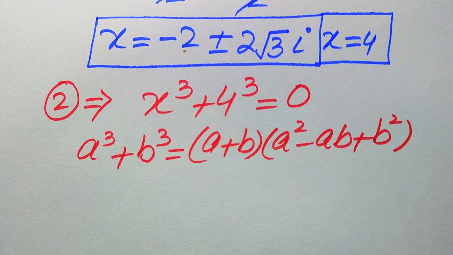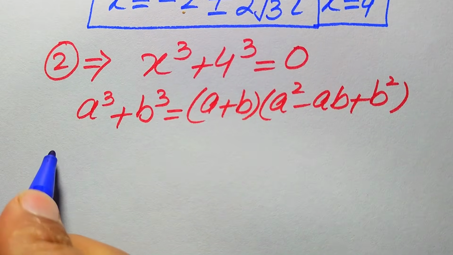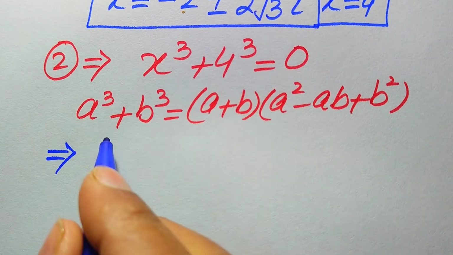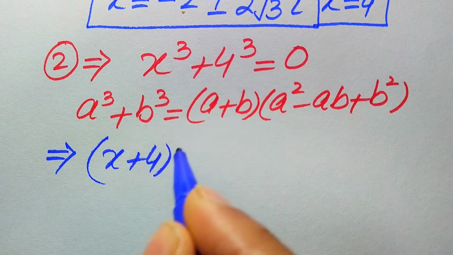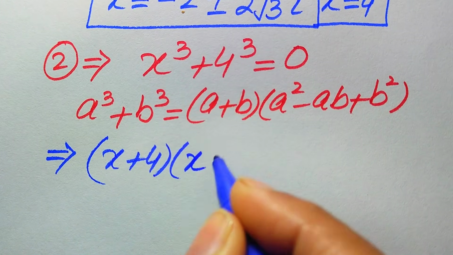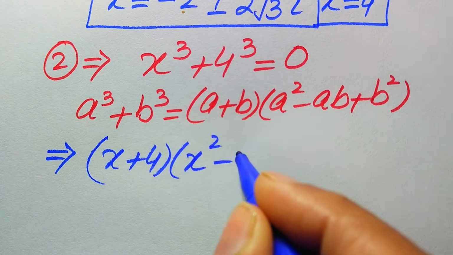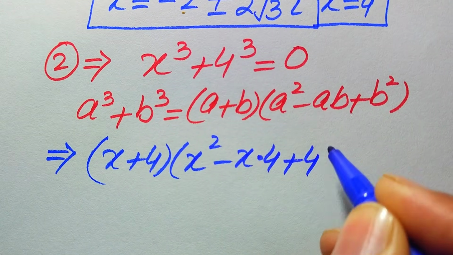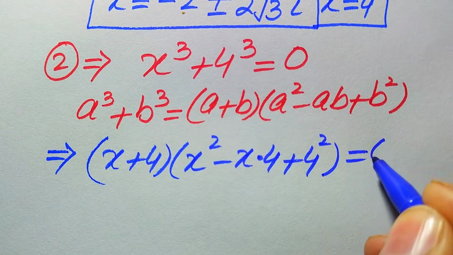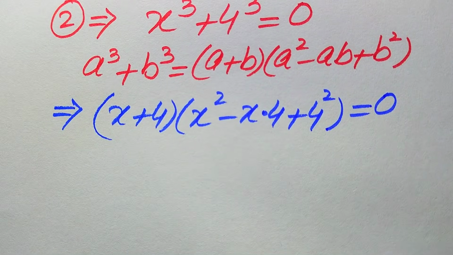So when we apply this cubic formula to the above equation, it will be written as in this form. So we have a plus b, here we have x plus 4 times of, this is a square, so a is x square minus ab. Here our a is x and b is 4 plus b square, so b is 4 square, and this whole equation is equals to 0.